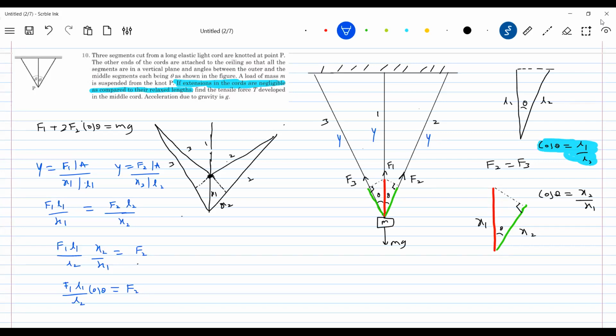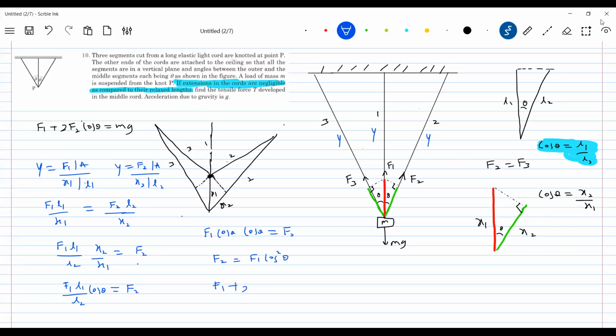And then any relationship, this one, cos theta, L1 by L2, what we can write? L1 by L2 is cos theta. So therefore, the next equation will be cos theta, F2. So what is F2 equal to? F1 cos square theta. That will substitute here.